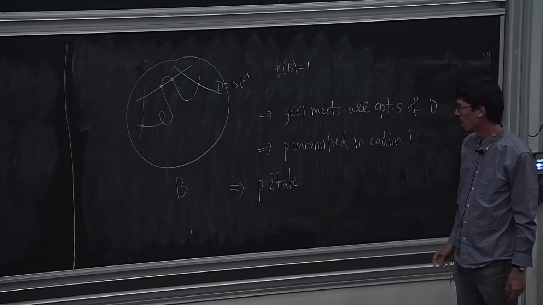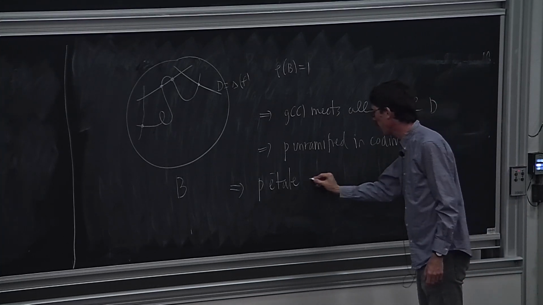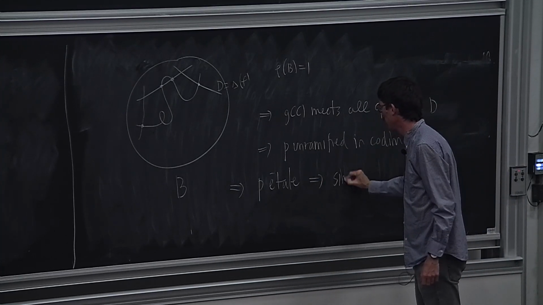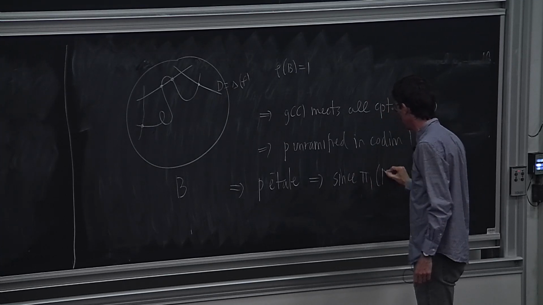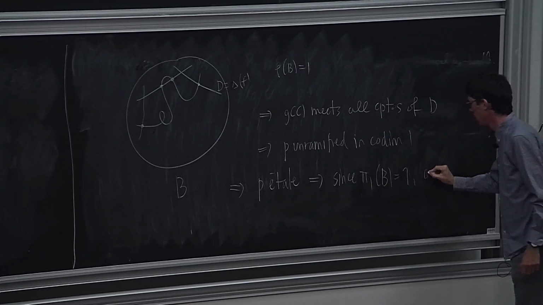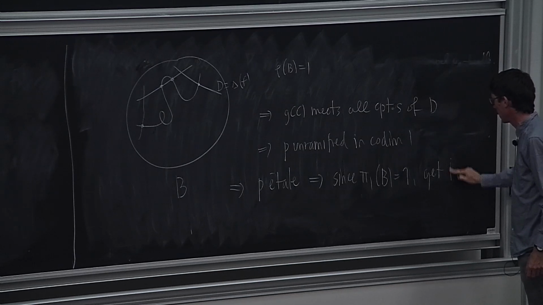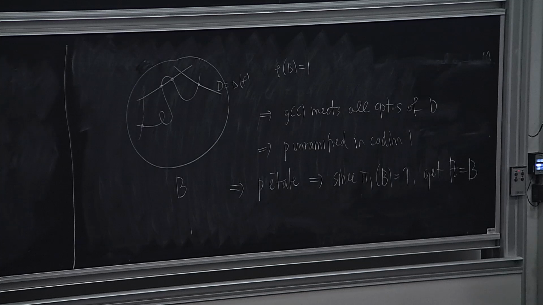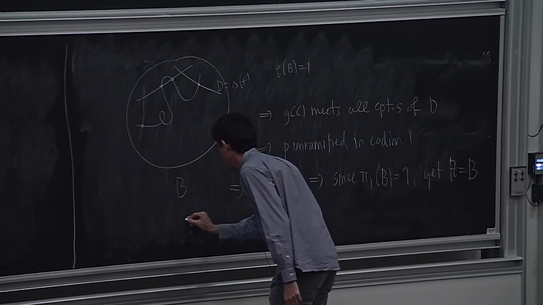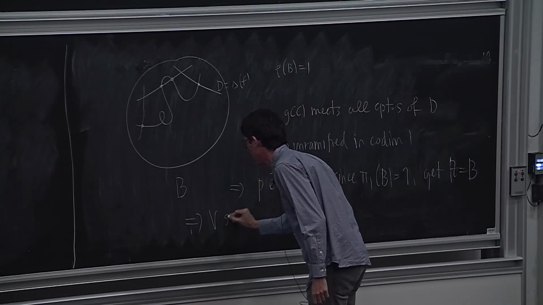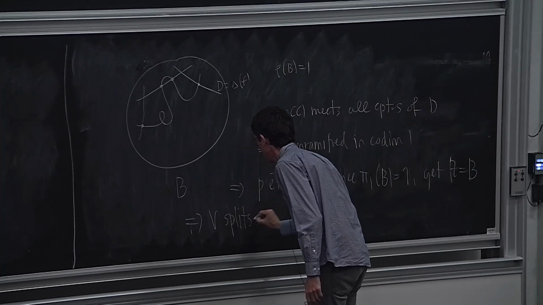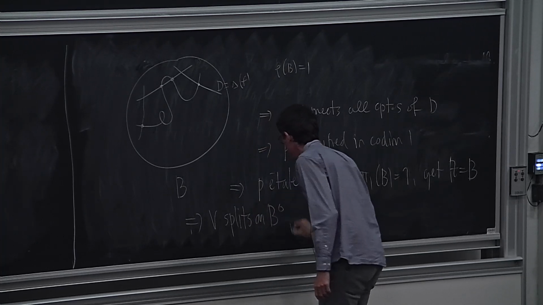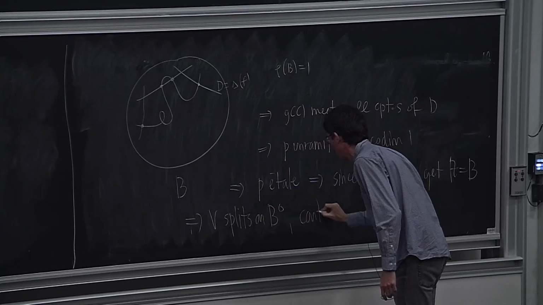Right? But then B is simply connected. So since pi1 of B is trivial, we get that Z is equal to B. Okay, and so then our decomposition really happens on B0, and then we contradict Voisin's theorem. So this says that V splits on B0, and that contradicts Voisin.